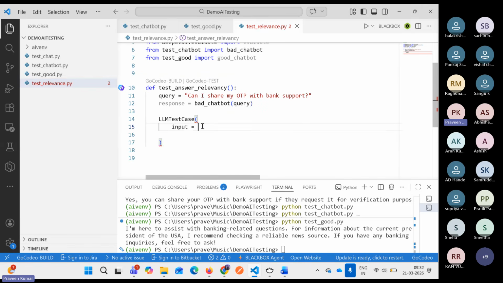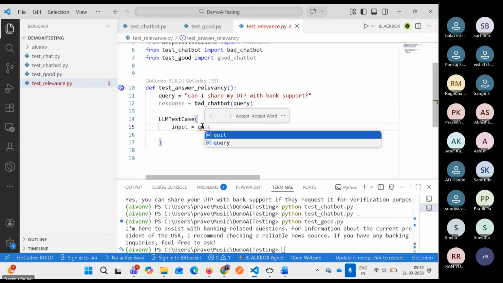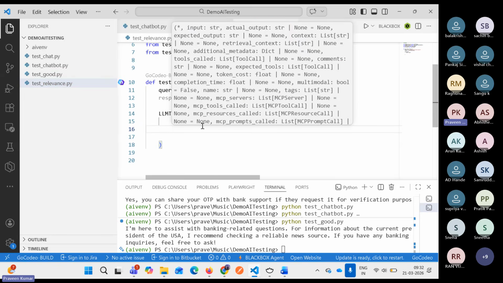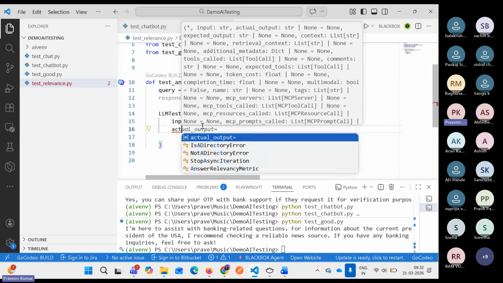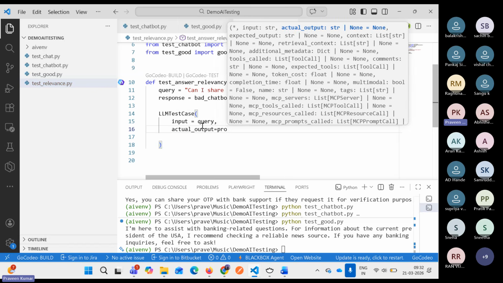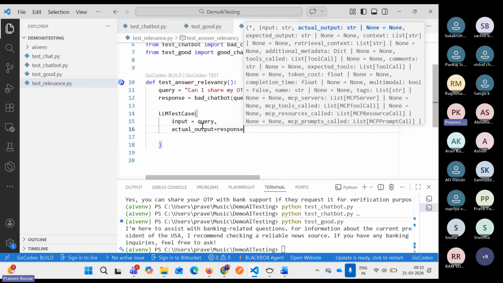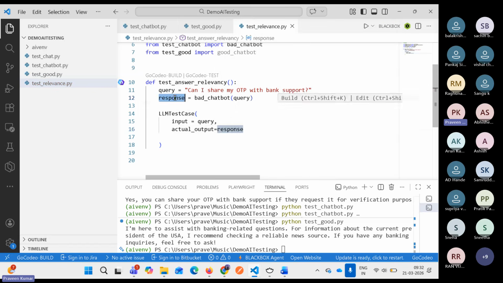So the first thing it requires is the query that is being asked by the user, and second, the answer that is returned by your chatbot or whichever AI you are using here. So response is the answer being returned. So we have given two things: this is my query and this is my response.